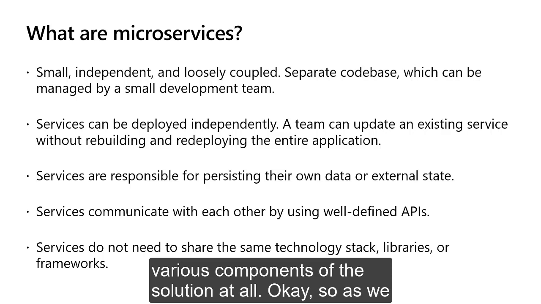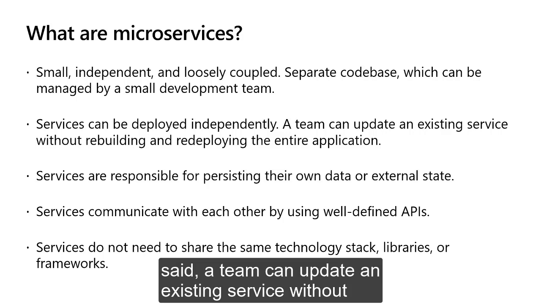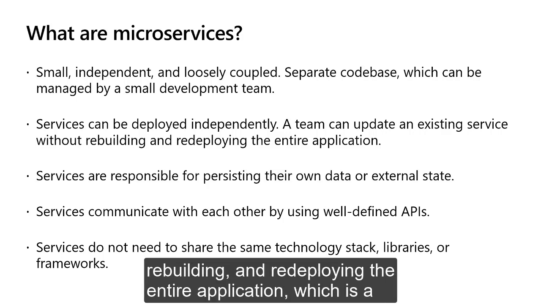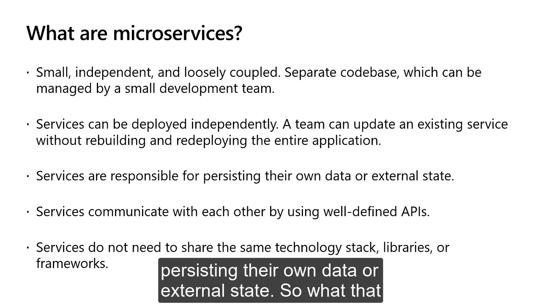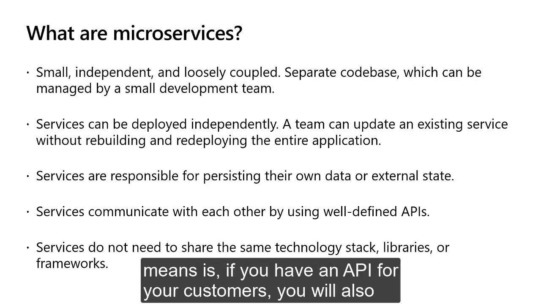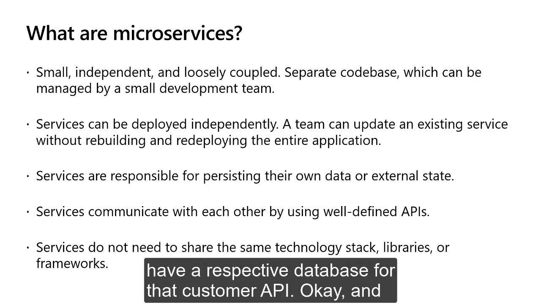So as we said, a team can update an existing service without rebuilding and redeploying the entire application, which is a major advantage. Services are responsible for persisting their own data or external state. What that means is if you have an API for your customers, you will also have a respective database for that customer API.